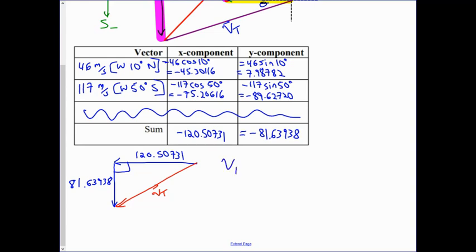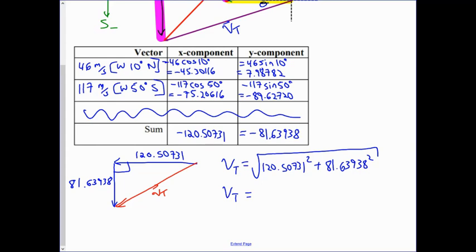We're going to say the magnitude of the velocity, using Pythagorean theorem, is going to be the square root of 120.5071 squared and 81.63938 squared. If you put those in as negative values, when you square them, they become positive, so it would work out the same. That's why I didn't worry about the negatives there.